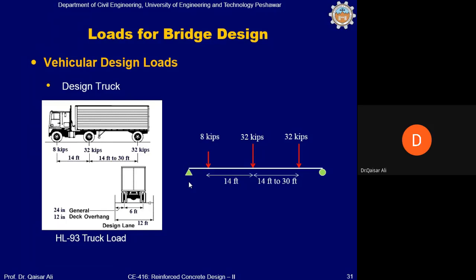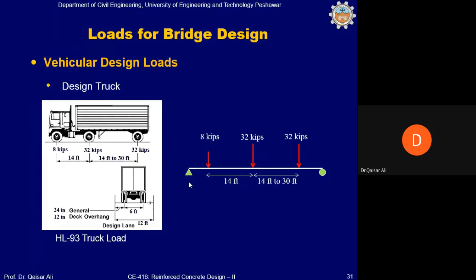A simply supported bridge has been modeled as a line element, and three axle loads have been placed on this bridge, with the front axle having a load of 8 kip, the middle axle 32 kip, and the rear axle also 32 kip. The loads shall be kept in such a manner that they give us the maximum effect to be calculated.